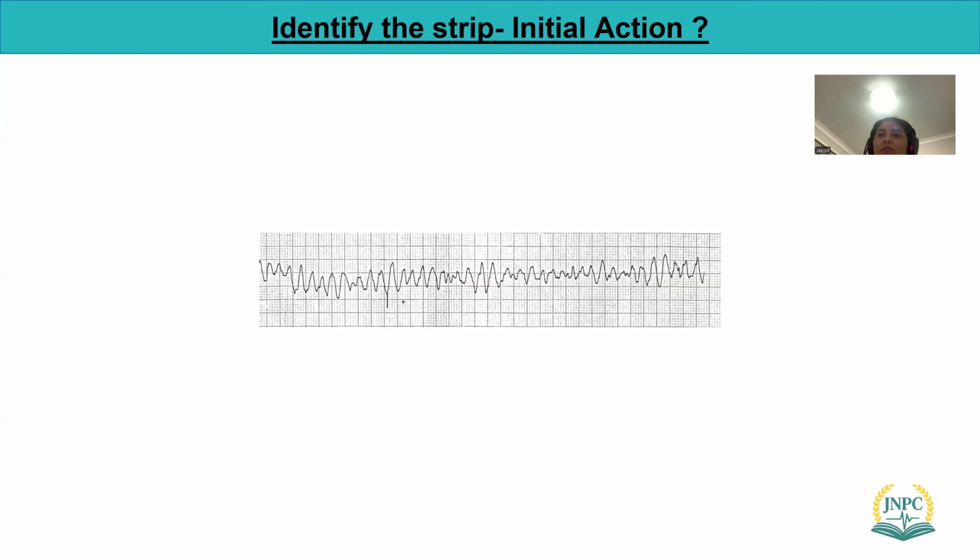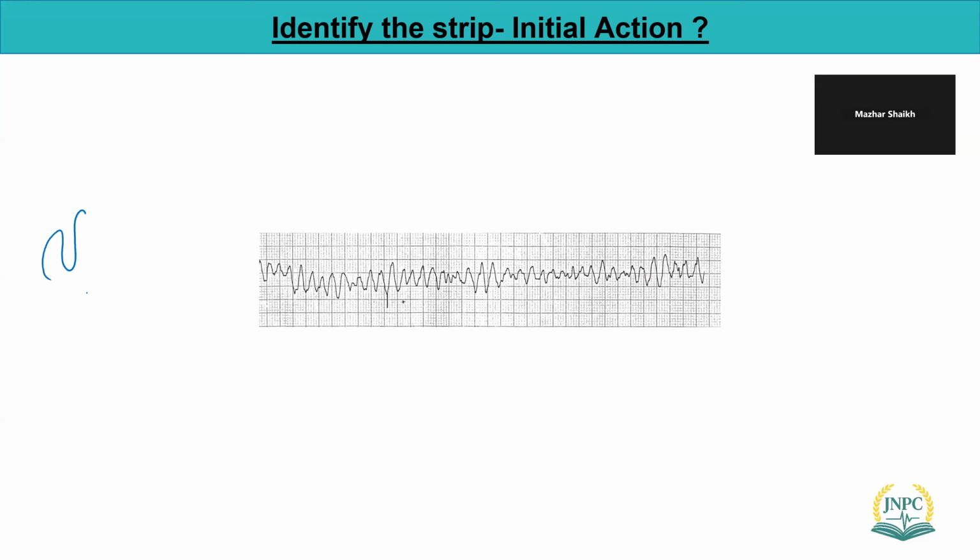Ventricular tachycardia. Remember tombstones. No, VFib. VFib is chaos, right? Can we look at P? No. And even the QRS, VFib.